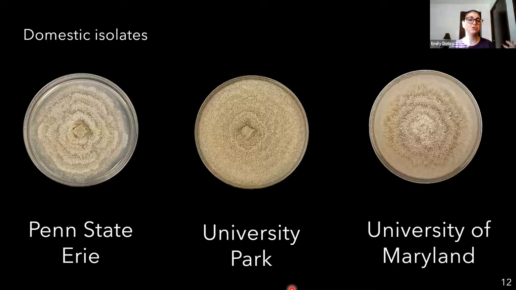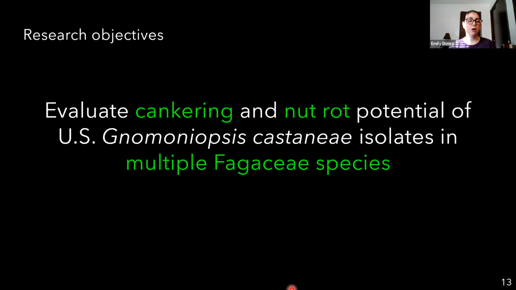Was this introduced? What would that mean to our chestnut trees, and what could it mean for other close relatives of the chestnut? So our primary research objectives for this project were to evaluate the cankering and nut rot potential of these 3 domestic Gnomoniopsis castaneae isolates in multiple Fagaceae species.